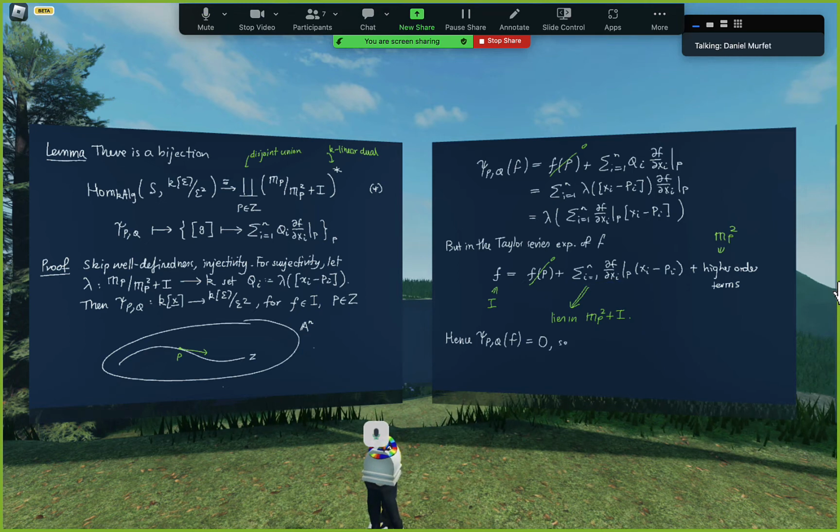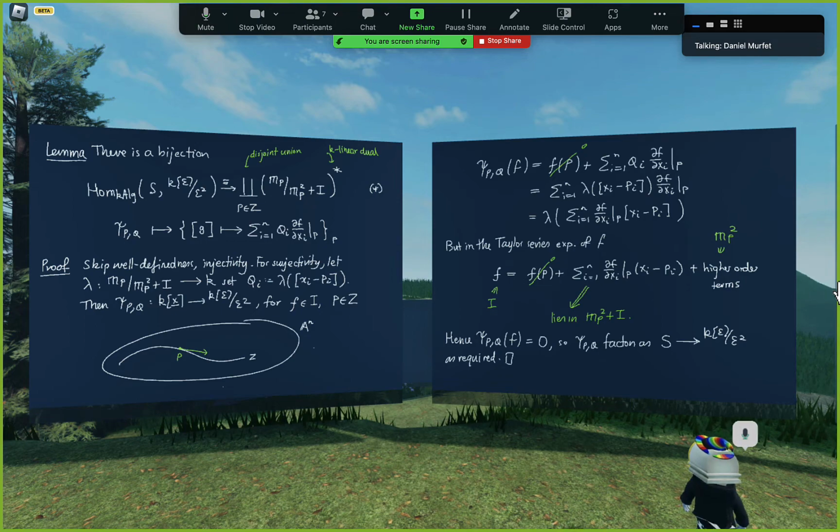Okay, that means that psi pq factors through k epsilon mod epsilon squared as required, because that's something in the left-hand side of my claimed bijection, and it maps to the thing lambda that I took on the right-hand side. Okay, so that's a little bit more algebraic geometry than we got to last time.